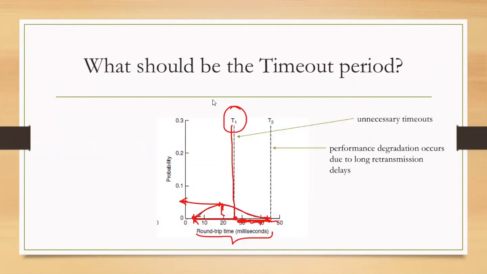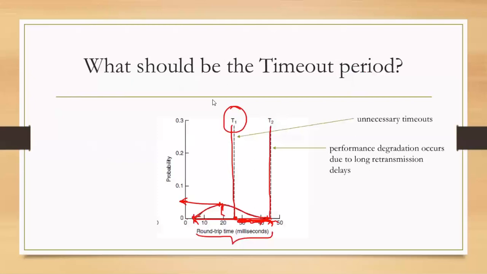What happens if we set the timeout too soon is that it will trigger unnecessary retransmission. For all of these packets coming on this side, they will have to be retransmitted. What happens if we have it here?